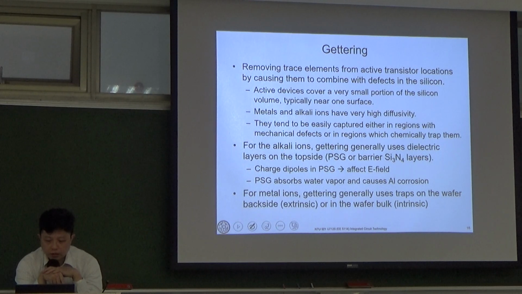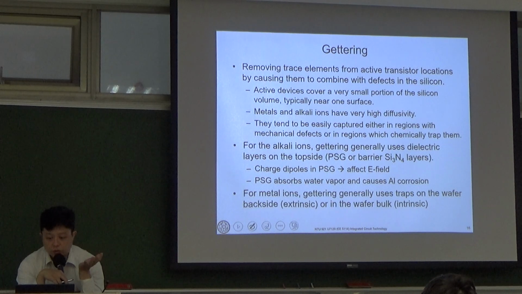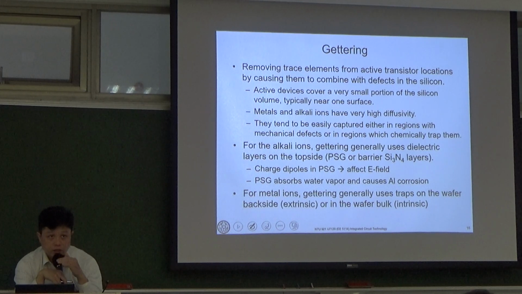And this gettering process will help to remove those particles or elements away from the surface, where we build our transistor, the surface channel. We can move those particles away from the channel into a deeper side in your material.